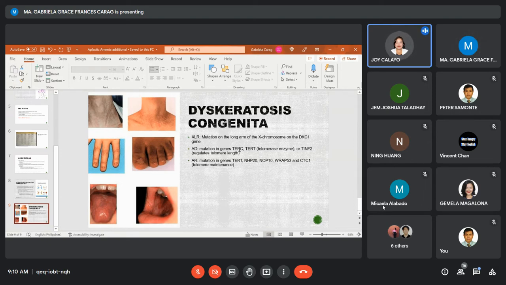And then for the dominant, it's the enzyme that is affected. And the last one, autosomal recessive, you have the genes that maintain the telomere.